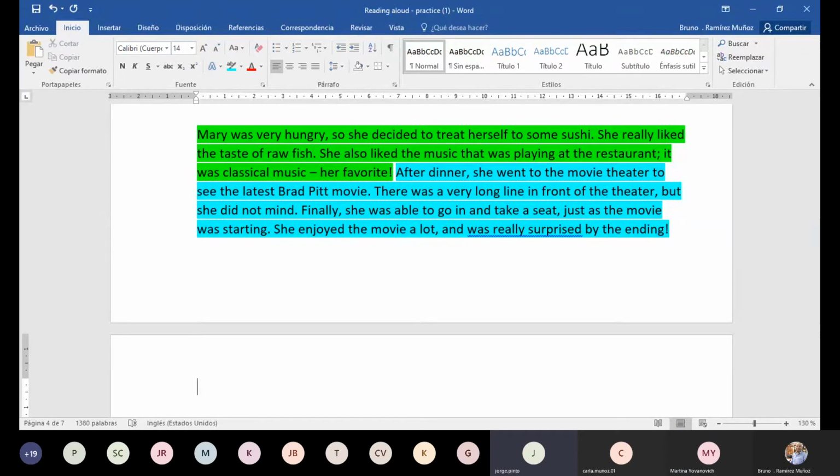There was a very long line in front of the theater, but she did not mind. Finally, she was able to go in and take a seat, just as the movie was starting. She enjoyed the movie a lot and was really surprised by the ending.